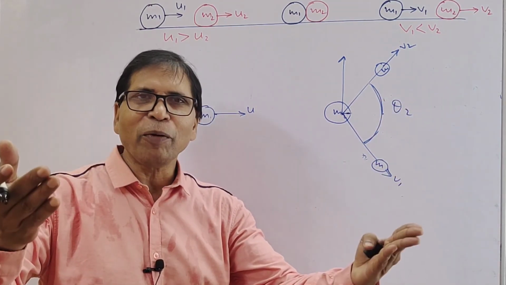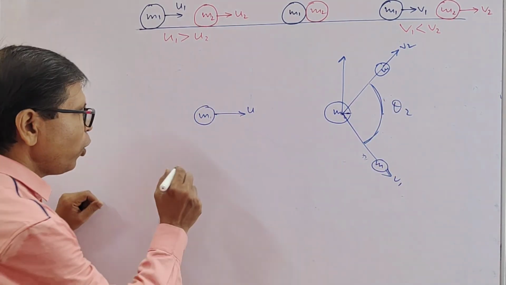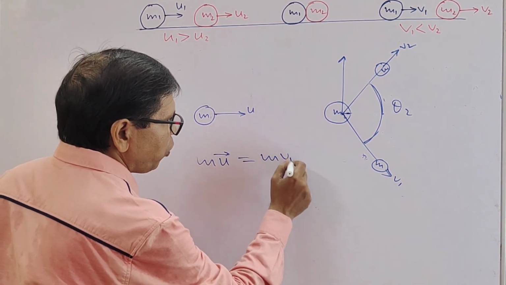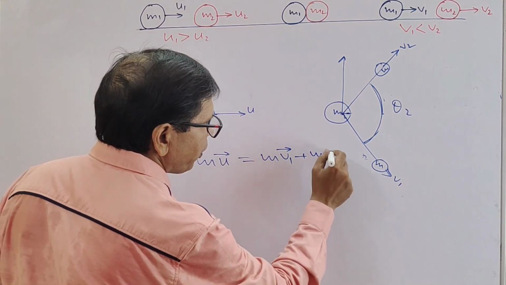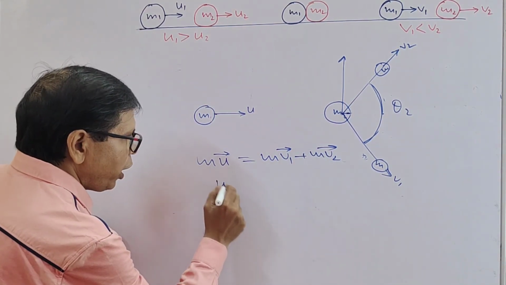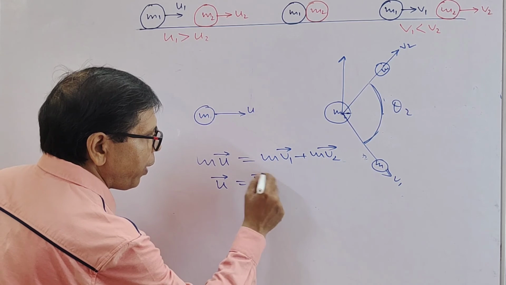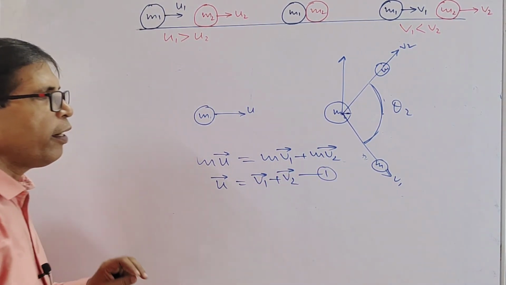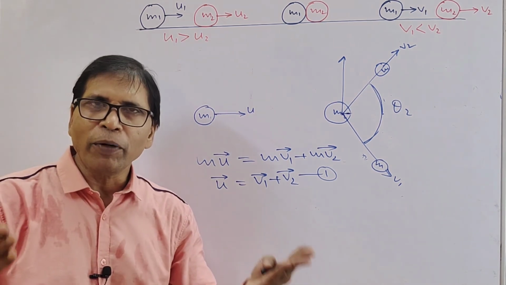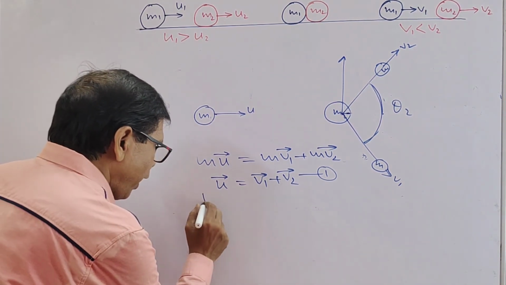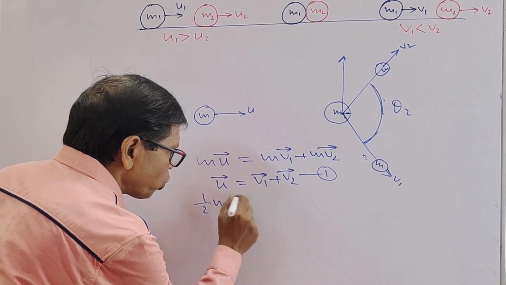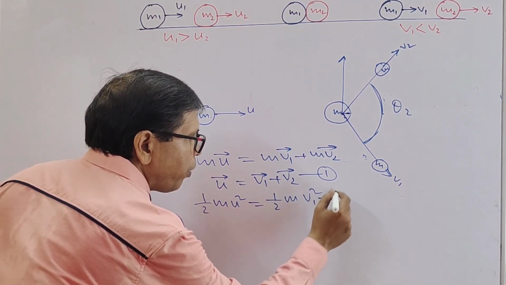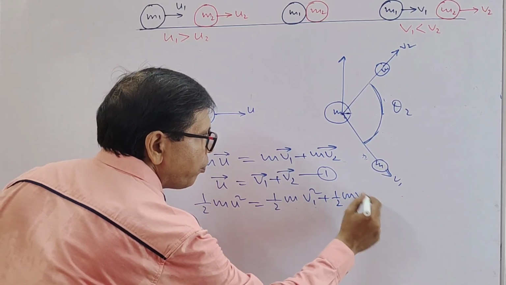Now from conservation of linear momentum we can write, m u vector is equal to m v1 vector plus m v2 vector. Okay, now u vector is equal to v1 vector plus v2 vector. This is equation number 1. Now from conservation of kinetic energy we can write, half m u square equals half m v1 square plus half m v2 square.